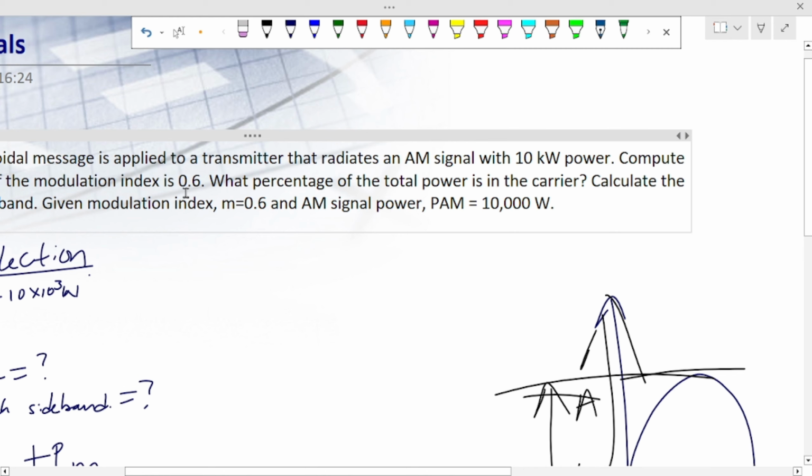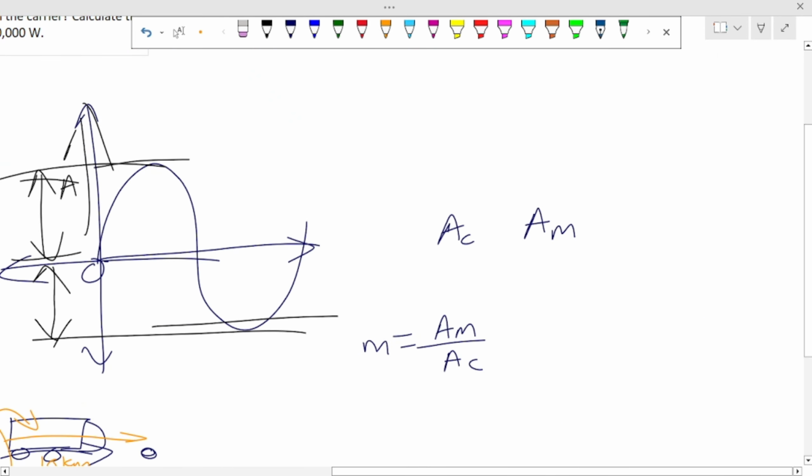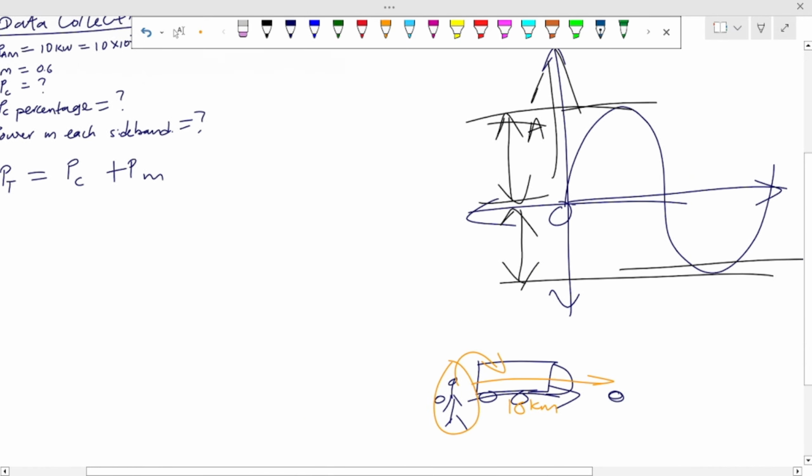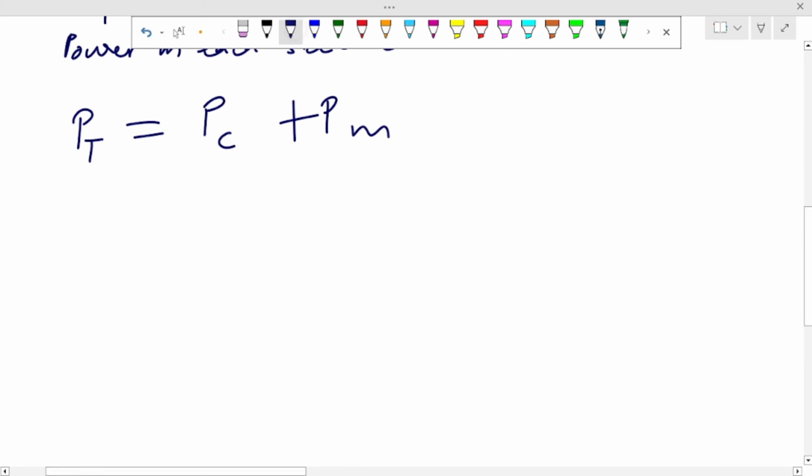Are we together? So I just want to point that one out. Modulation index: how the amplitude of the message affects the amplitude of the carrier. So I think I should write that one here. M equals what? AM over AC.